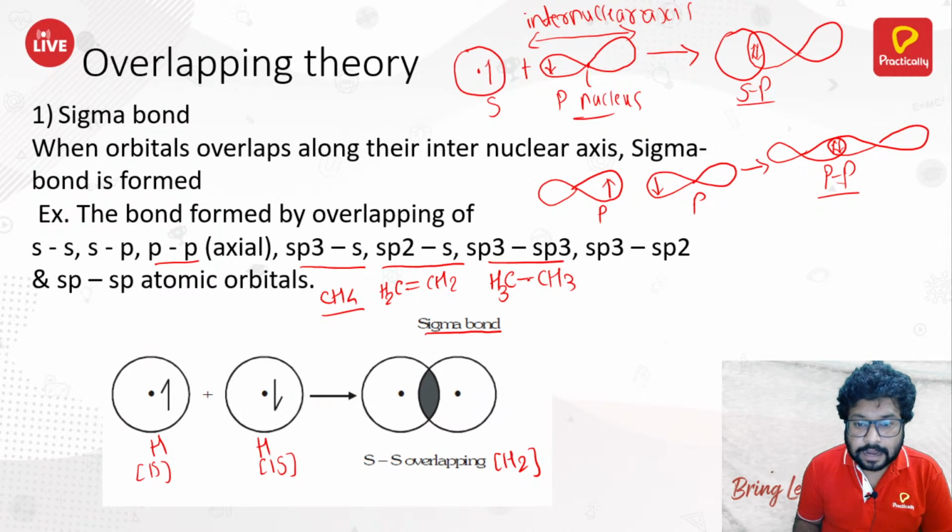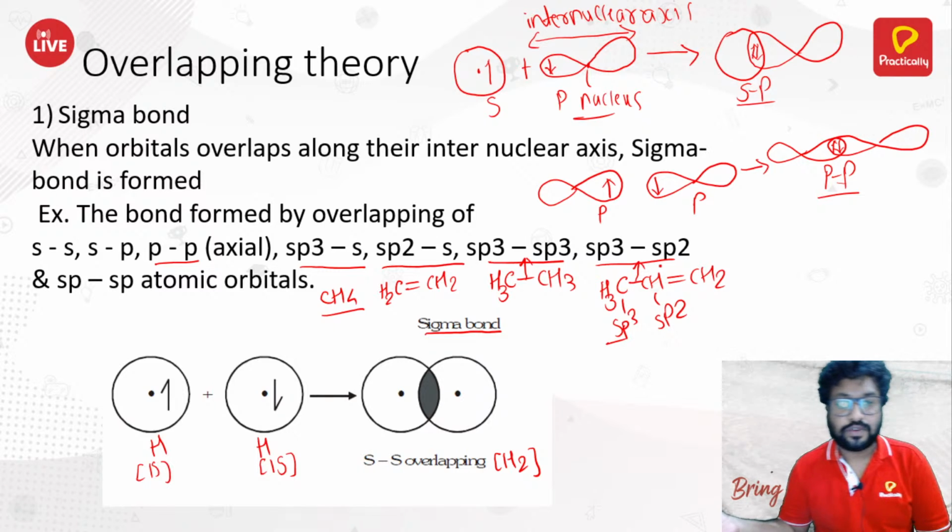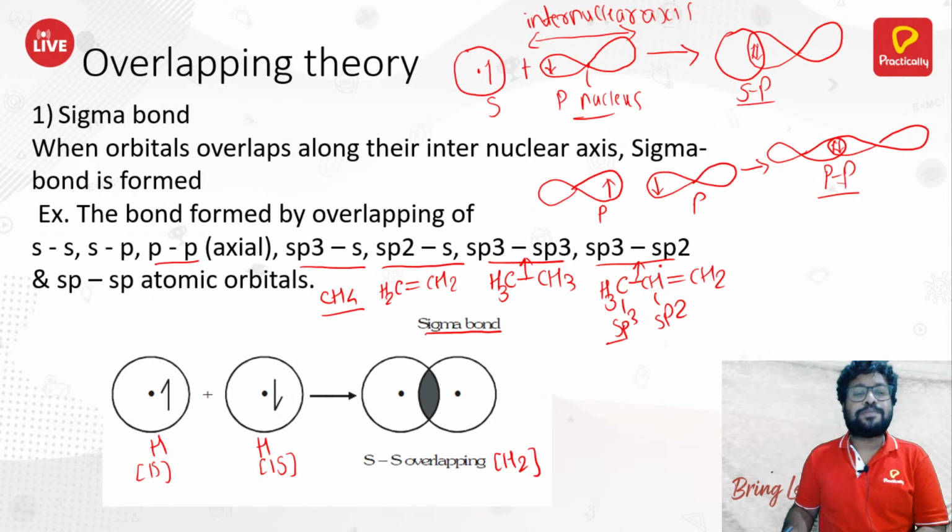Here the carbon overlap is sp3, sp2. CH3, CH double bond CH2. Here this carbon is sp3, this carbon is sp2. So this overlap is sp3, sp2. Okay, so all of this, and sp also.